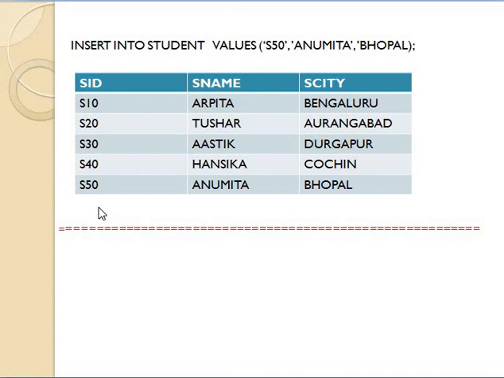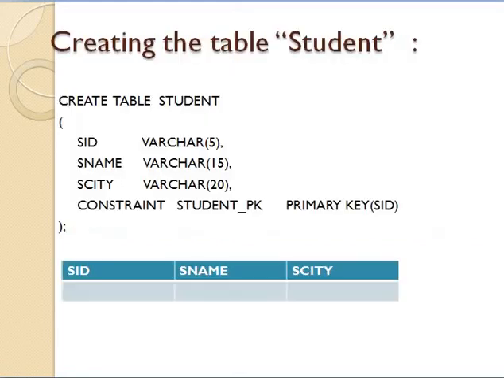It will say that duplicate values are not allowed for the column called SID. This is because this column SID has already been set as a primary key when the table has been created. And that you can see here, the column called SID has been set as a primary key when this table student has been created.